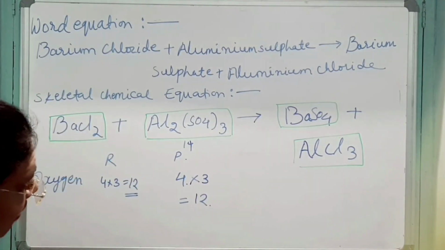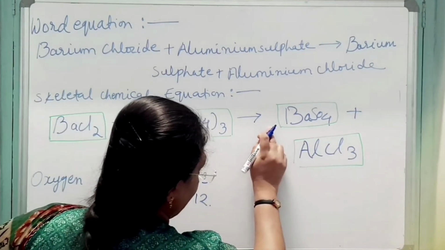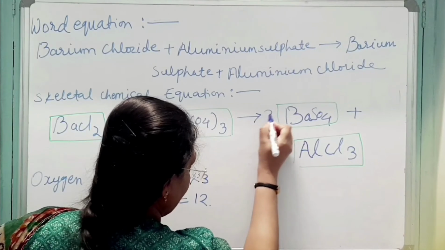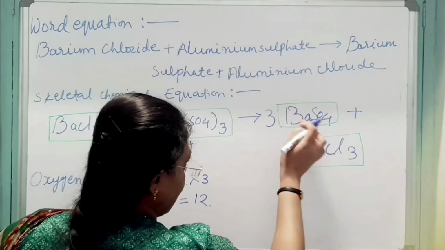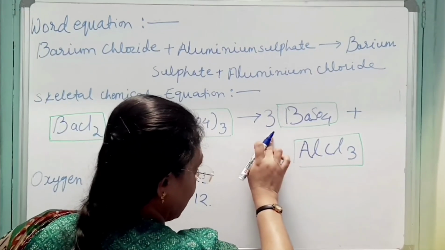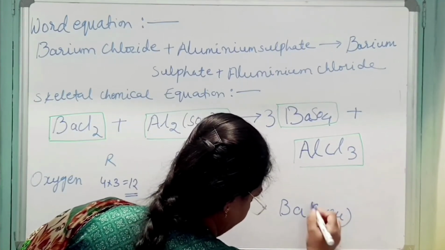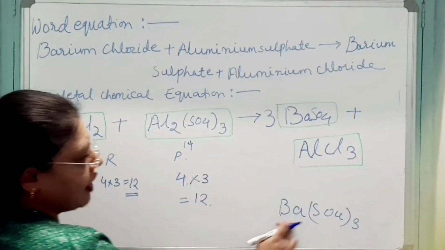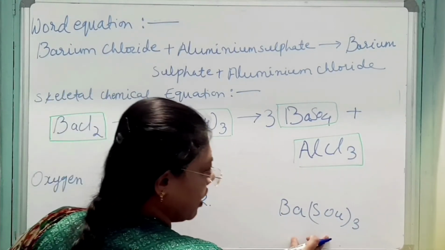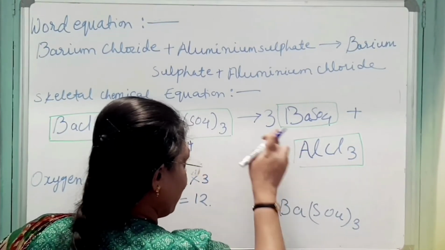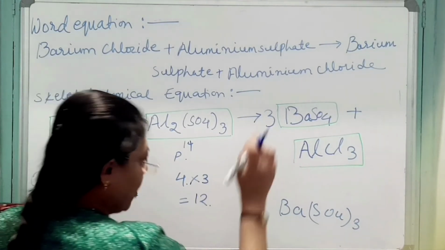So where will we add the 3? We will put the coefficient 3 outside this green square or box. We will not write it inside, because then the chemical formula would change, and we don't have to change the chemical formula. So we will put the coefficient outside this green square. So 3 will come here.